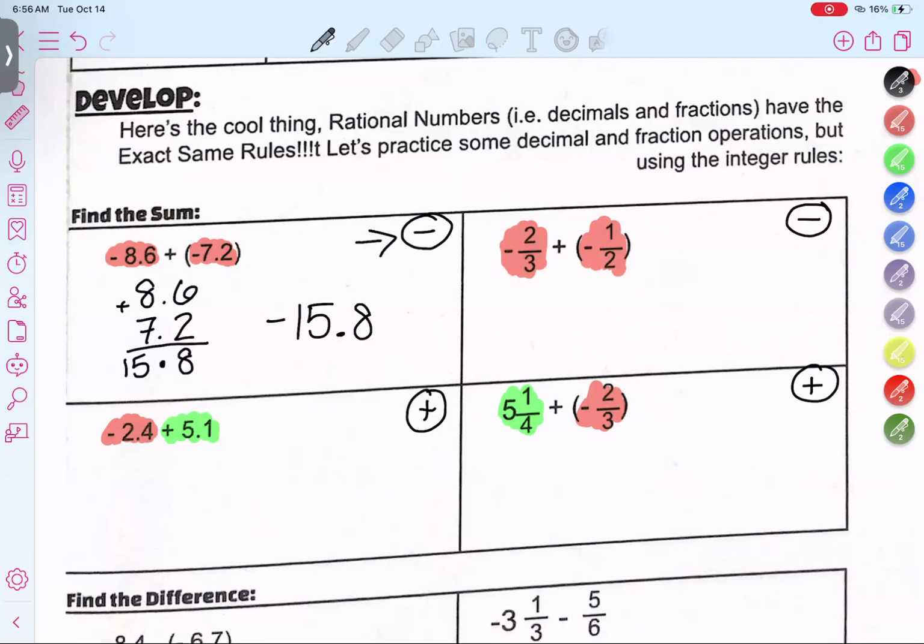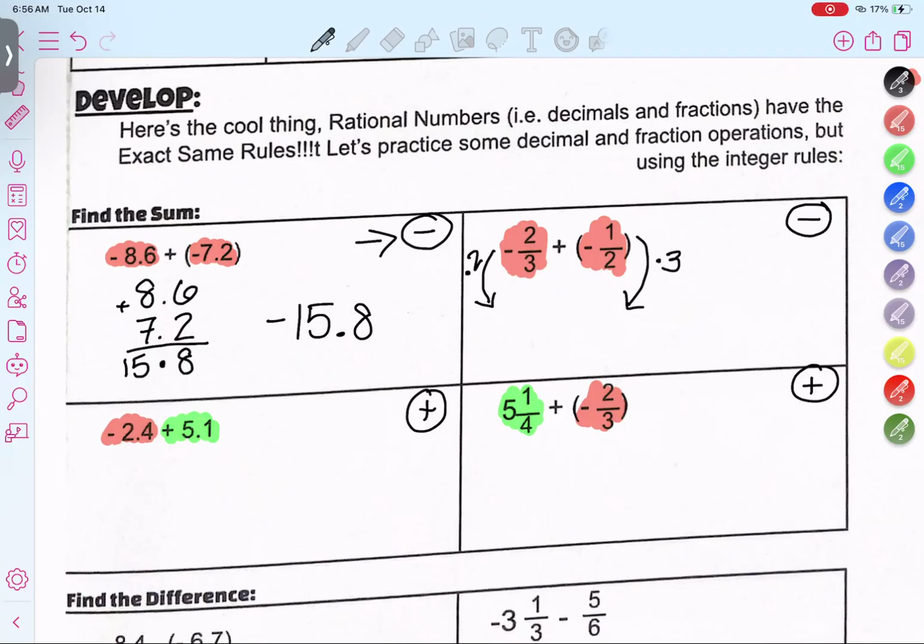If we go to our next problem, we have fractions. So remember, for our fractions, we need to have common denominators to be able to add and subtract them. So my easy trick for that is to multiply by the opposite denominator. So in this case, I need to multiply this fraction by this denominator over here, which is 2. So I need to times this by 2. And this fraction on the right, I need to multiply by the denominator on the left, which is 3.